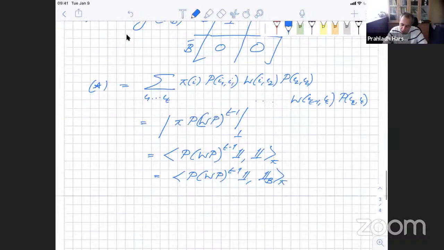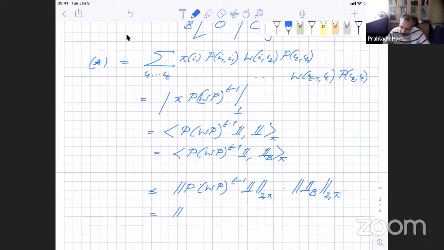And now if you apply Cauchy-Schwarz, this is just the 2 norm of this vector, times the 2 norm of this vector 1_B.